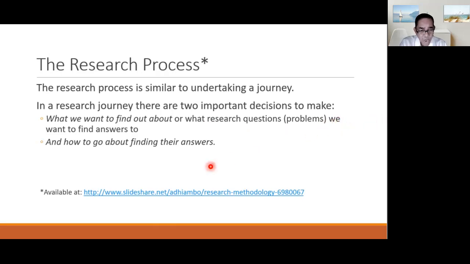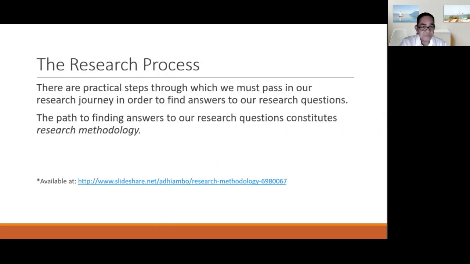And then, how to go about finding their answers. And there are practical steps through which we must pass in our research journey in order to find answers to our research questions. And the path to finding answers to our research questions constitutes what we call research methodology.